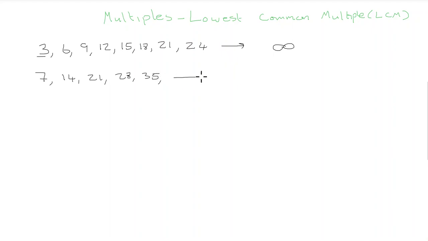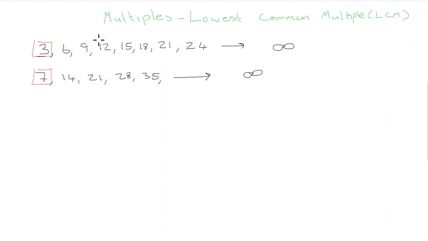Okay, and likewise it'll go on all the way to infinity. So these are the multiples of 3 and the multiples of 7. We can have multiples of any number, and this is what we mean by this. So all of these here are examples of multiples. The first row here are the multiples of 3, and the second row are the multiples of 7.